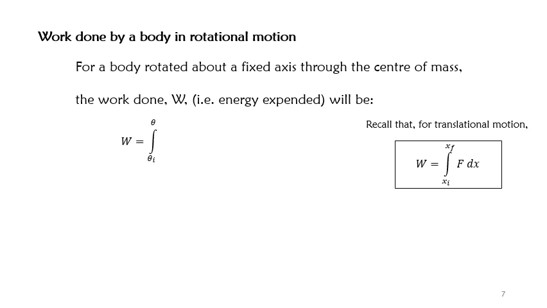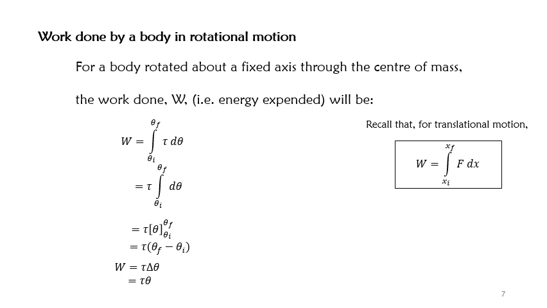Likewise, for rotational motion, the work done will be the product of the torque causing the rotation and the angular distance covered as the body rotates. So it is the product of the torque and the change in angular position of the body, d theta. We integrate from the initial angular position to the final angular position.